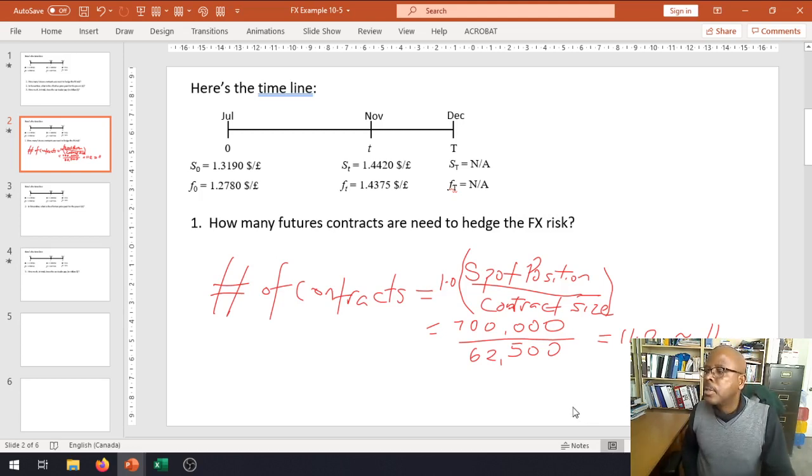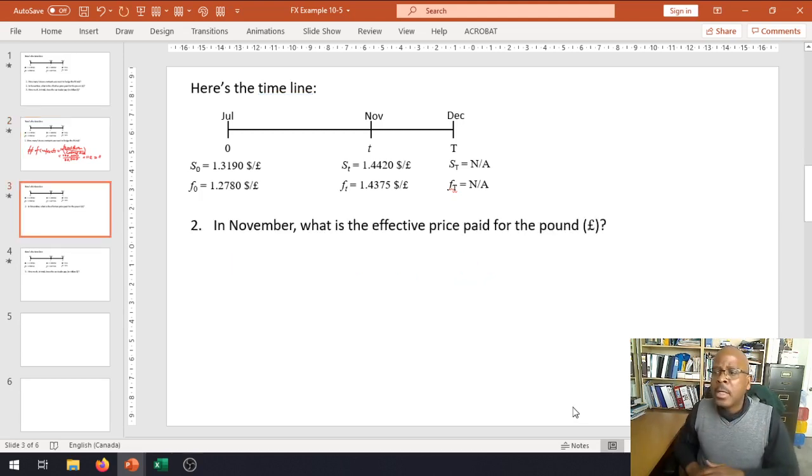The second question then, and the handwriting looks awful, I know, is: what is the effective price paid for the pound? Now, in order to answer this question, we will need to calculate what B0 is and what BT is. Just as a matter of procedure, it's always useful to calculate those first.